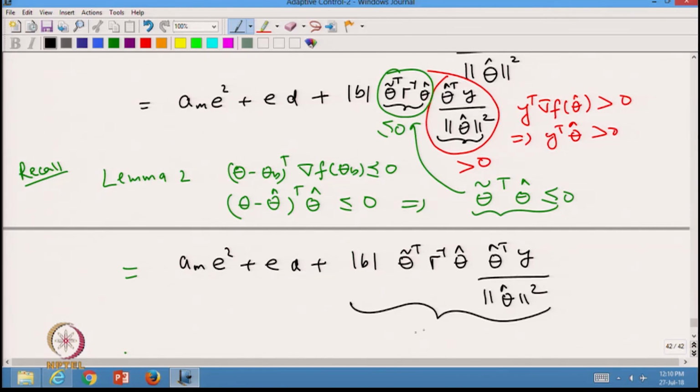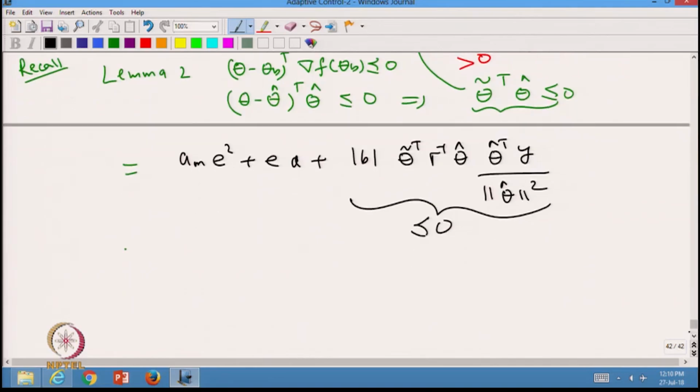So this combined term is less than or equal to 0, and this is V dot. So we can further upper bound V dot by throwing away the term which is less than or equal to 0.